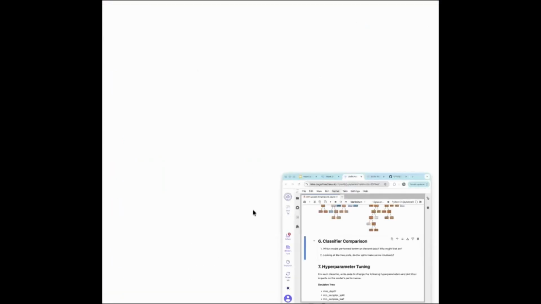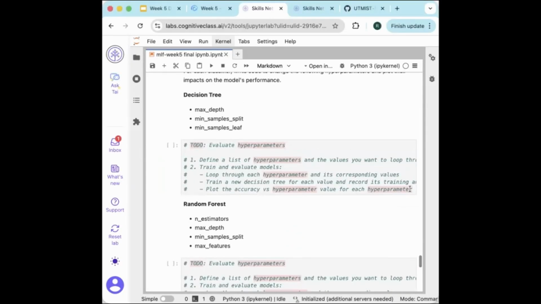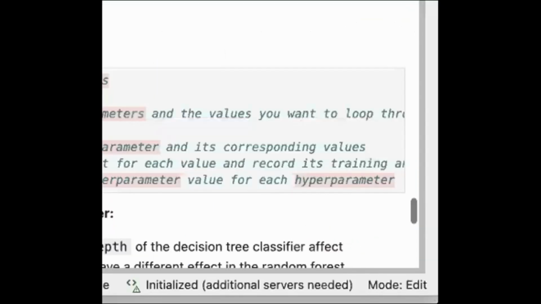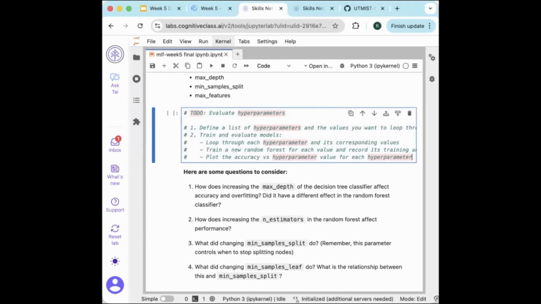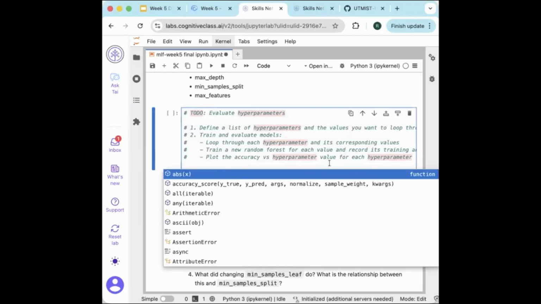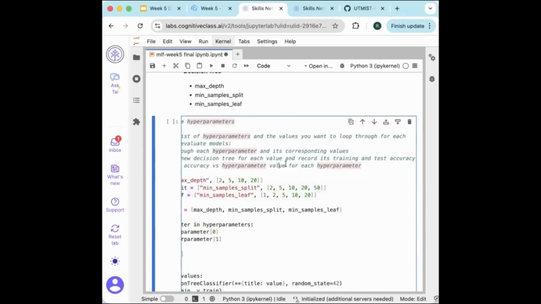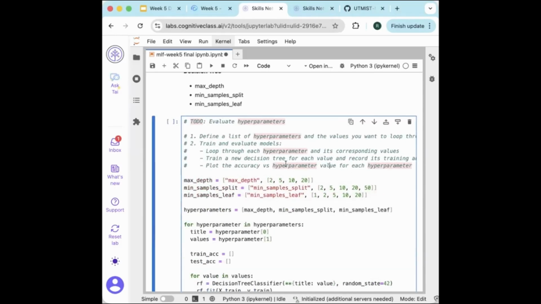Okay, so this is the hyperparameter tuning for our first model. We're going to observe the plots that we get here, and with that, we're going to call an end to it. What we are doing here is defining a list of hyperparameters and values that we want to loop through for each model.